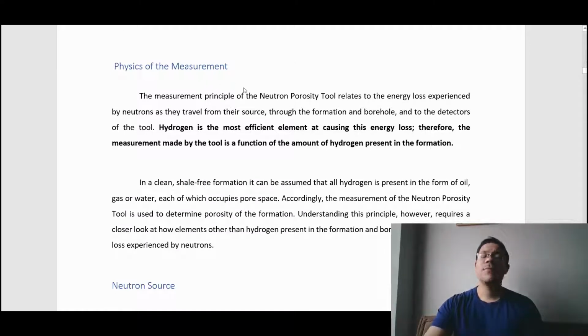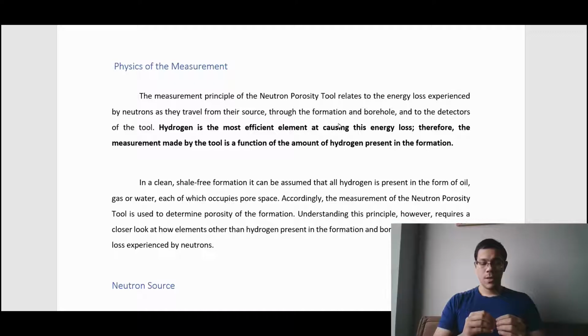So the physics of the measurement, I'll just say it one more time: hydrogen is the most efficient element at causing energy loss of neutrons, because the neutron tool uses a chemical source. It will start to emit high energy neutrons that will interact with the formation.